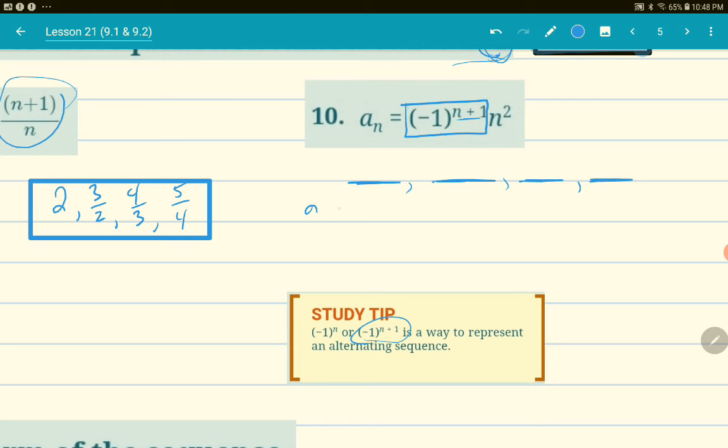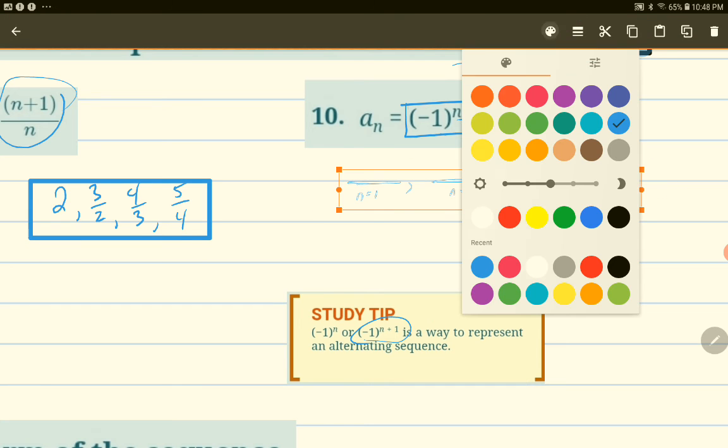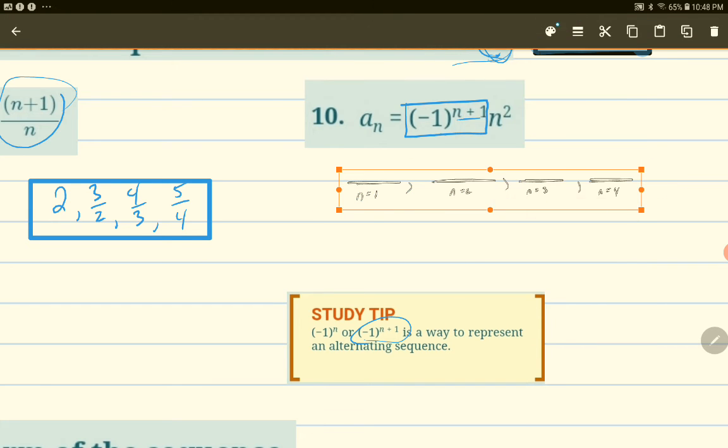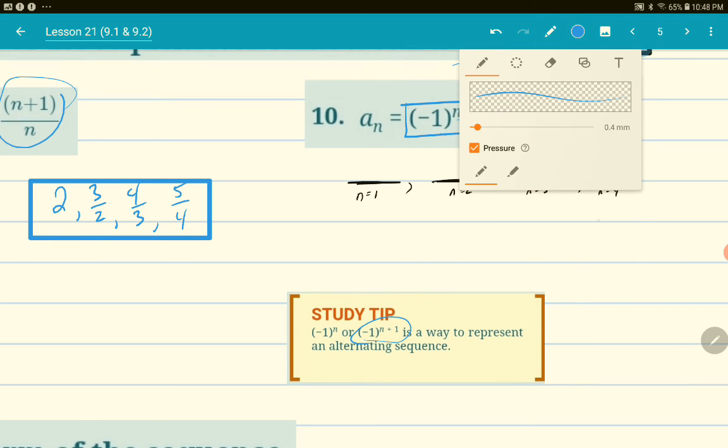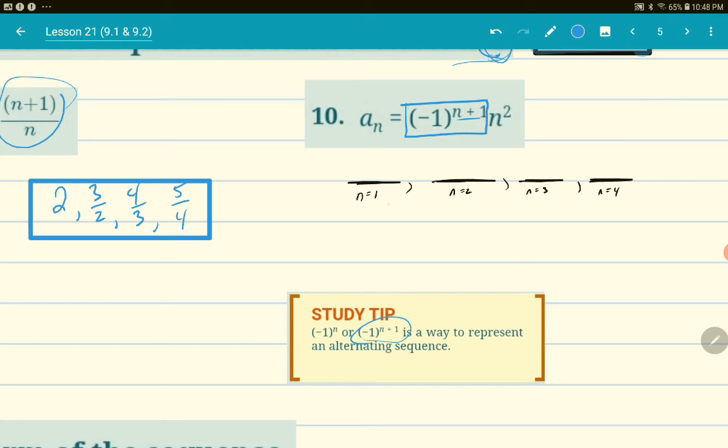So when n equals 1 in this blank, when n equals 2 here, when n equals 3 over here, when n equals 4 here, I'm going to fill in those blanks. I'll turn those blanks a different color so it doesn't look like it's part of our number. Okay, so when n equals 1, up here I have n plus 1, which is 2, which means that's going to be positive.